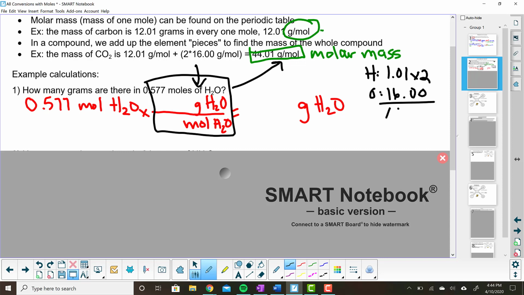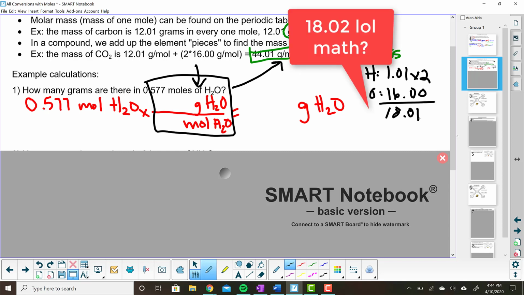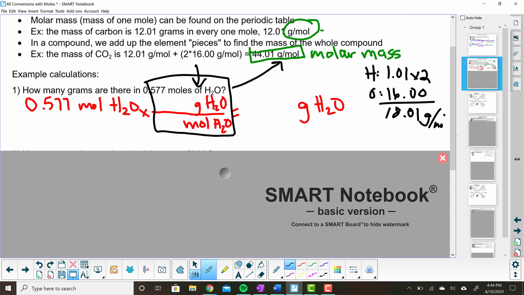So if you add those up, you get 18.01 grams per mole. Now I need to take that number and put it into my conversion factor. The 18.01 stays with the grams. So 18.01 grams, and that's how much 1 mole of water weighs.